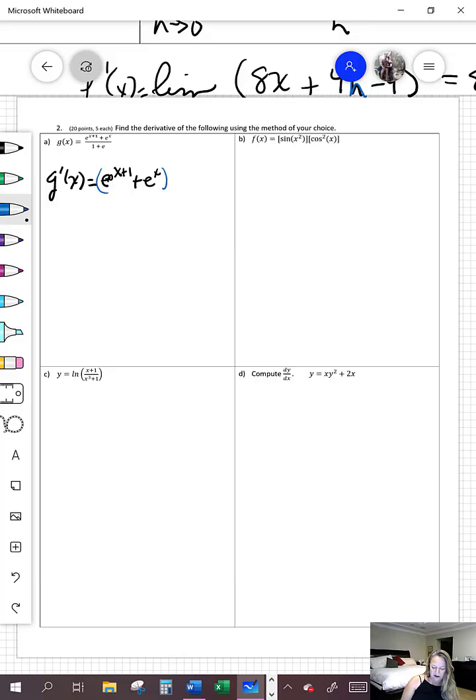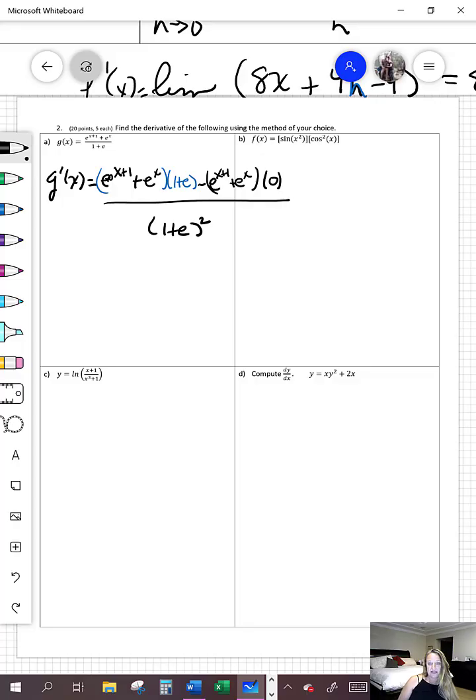The denominator in our case is 1 plus e, minus the numerator, e to the x plus 1 plus e to the x, all times the derivative of the denominator. Well, the derivative of 1 is 0, and the derivative of e is 0. And so 0 plus 0 is 0, all over this denominator, 1 plus e, quantity squared.